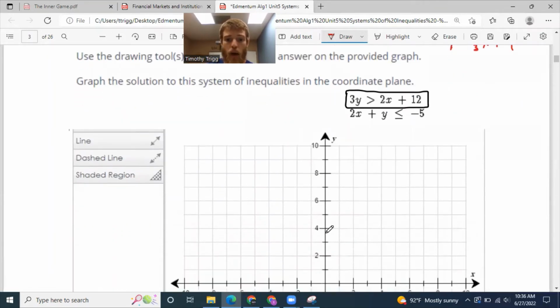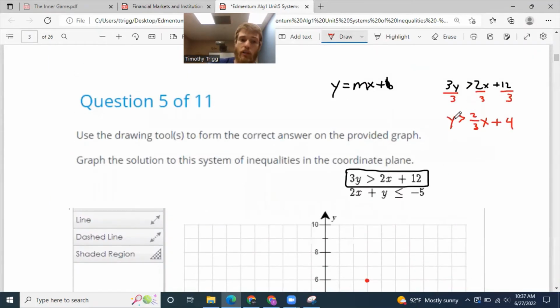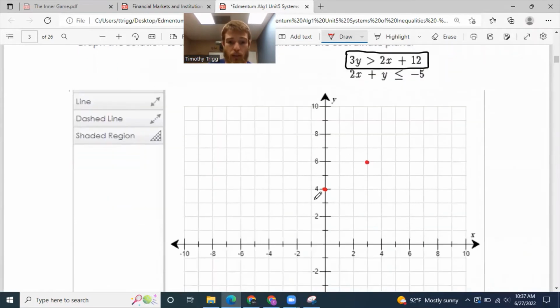So our y-intercept is 4. Then from there, we go up 2 over 3, because that's our slope. Now, in this case, will this be a solid line or a dashed line? Well, remember, since it's strictly greater than, it should be a dashed line. So it should look something like this.